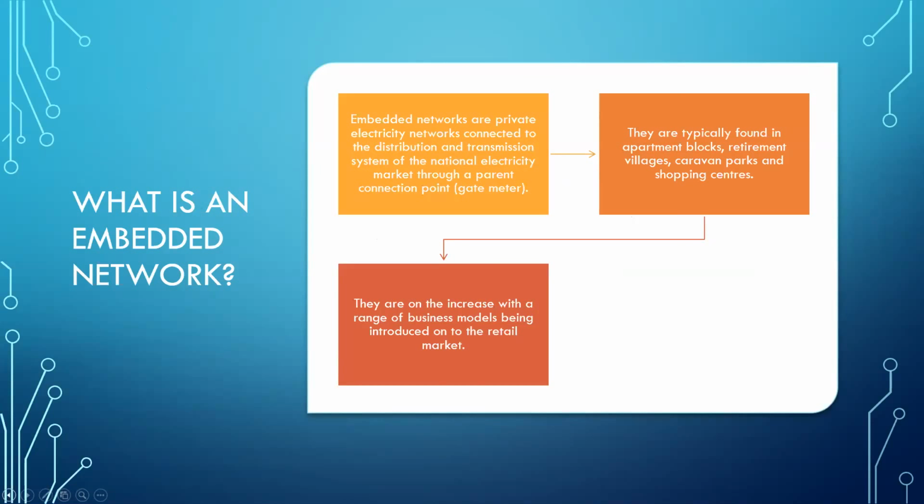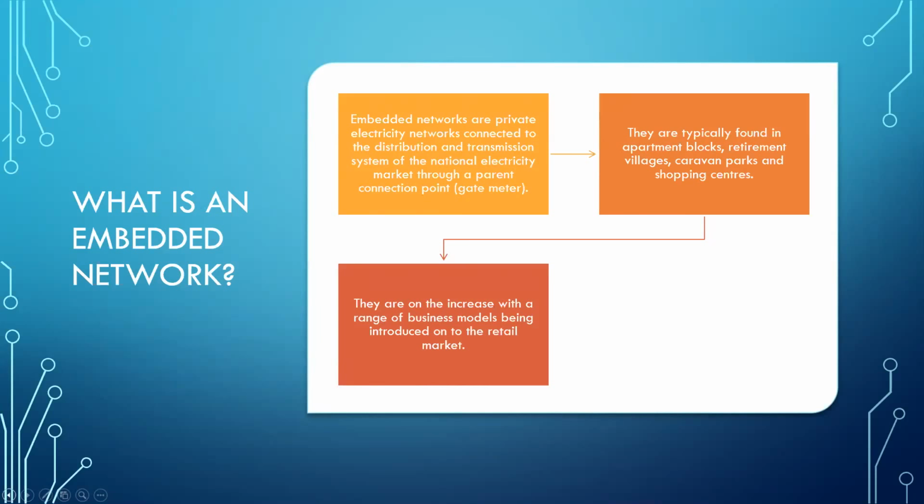I'm sure everybody is familiar with it, but just for anyone who isn't, an embedded network is basically a private electricity network connected to the distribution and transmission system through a parent connection point. The users within the network have child meters.